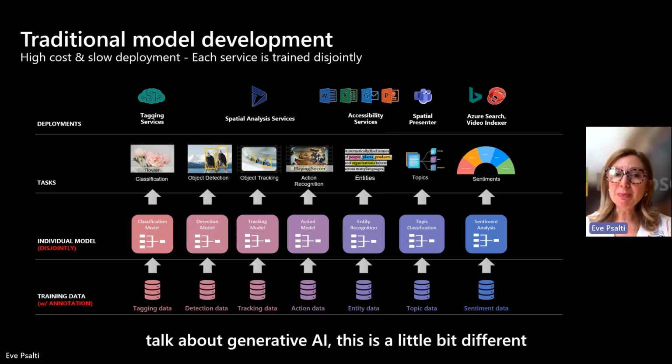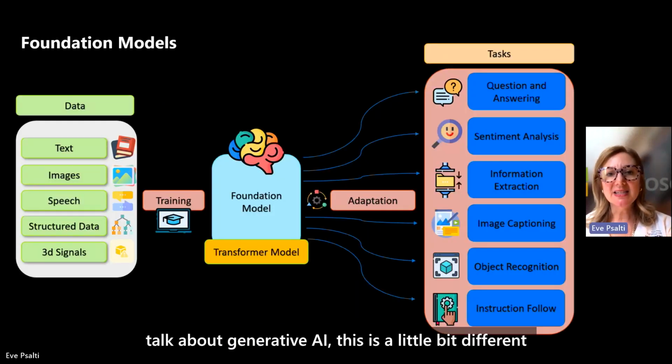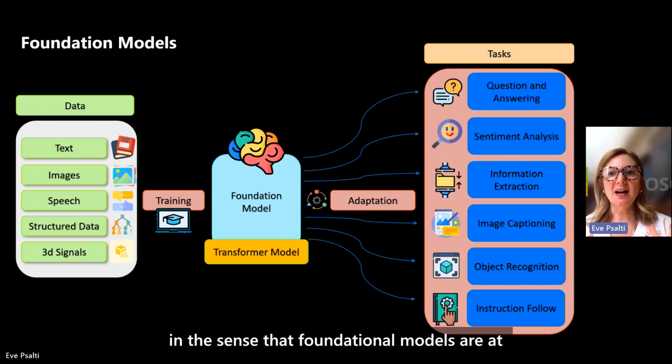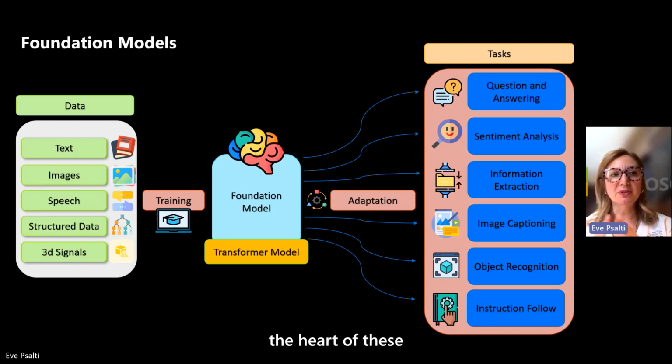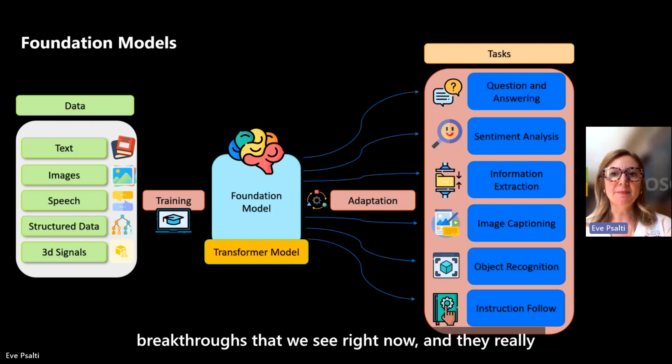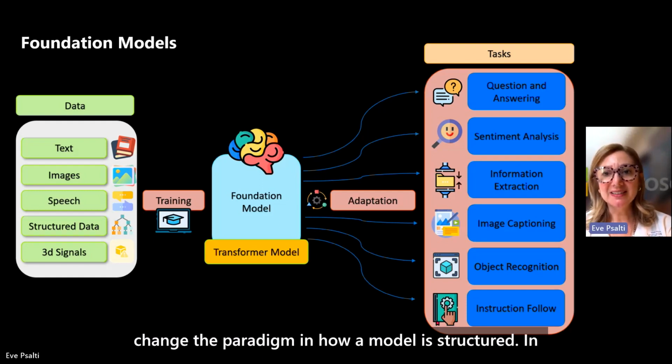When we talk about generative AI, this is a little bit different in the sense that foundational models are at the heart of these breakthroughs that we see right now. And they really change the paradigm in how a model is structured.